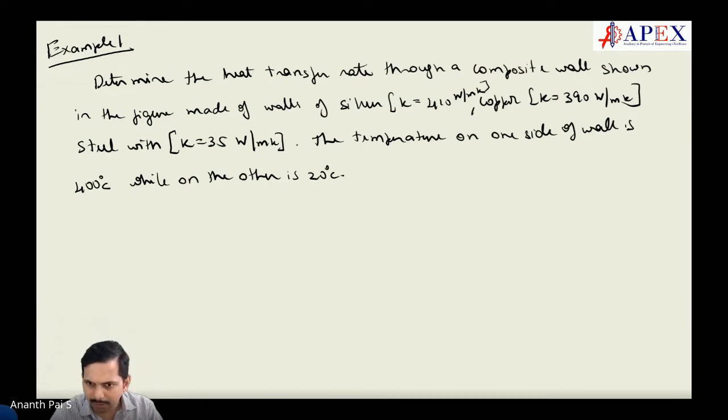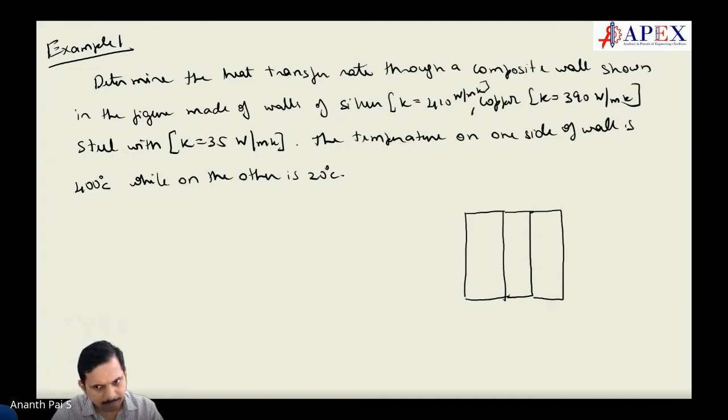So I'll draw the wall. This is the wall. Let me say this is silver. Silver is costly, so we'll put it in between, since it takes more material.